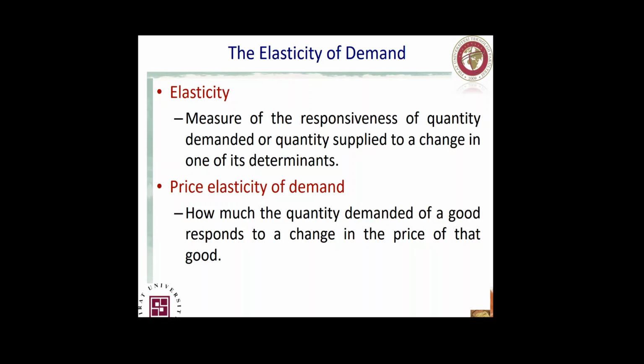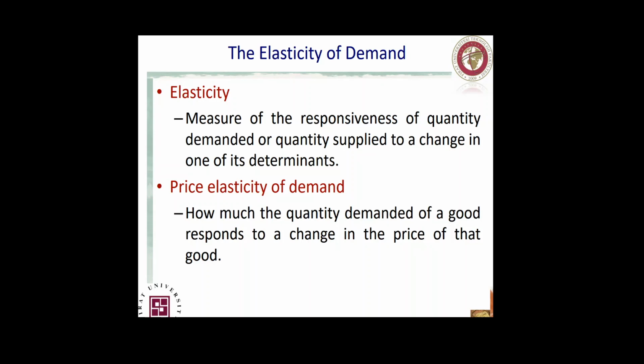So if the price falls, what happens to the quantity demanded based on a percentage? It's not just a rise or fall, so we need to discuss the percentages. We check the percentage change in quantity, and then we divide it by the percentage change in price and see what we get.